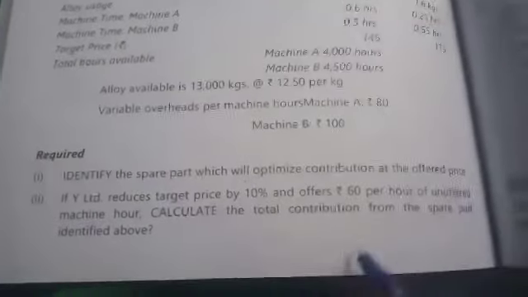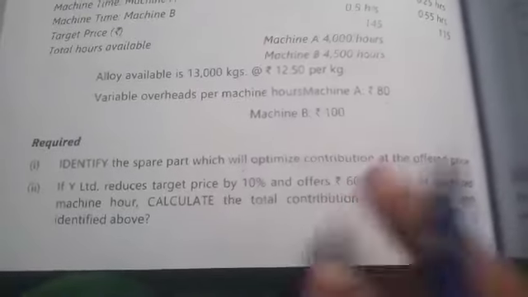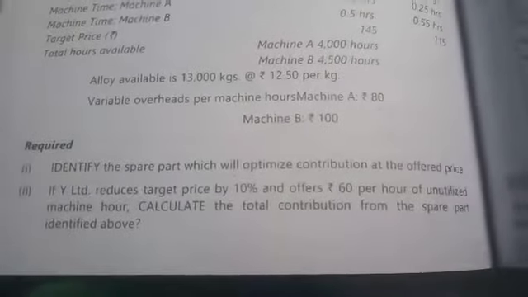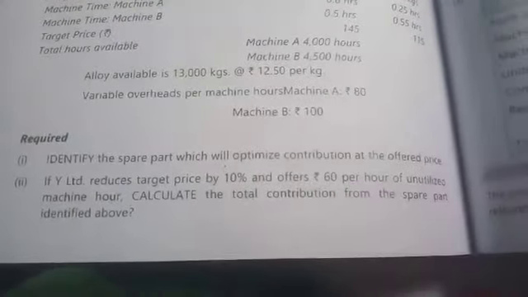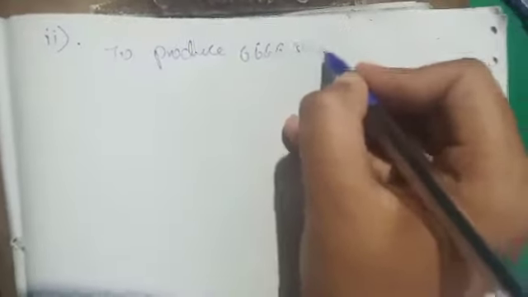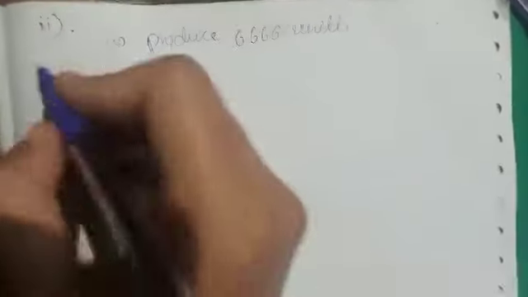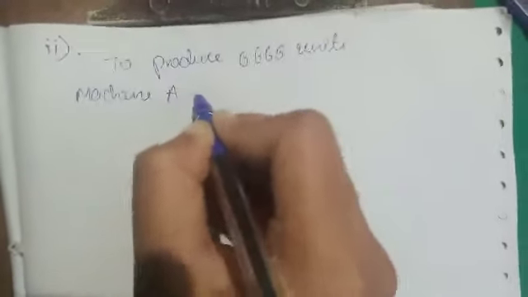Then what will be the contribution from the spare part? Okay, now we have chosen spare part A, so we'll calculate only for that. To produce 6666 units, what machine hours are used? See, machine A uses 4000 hours.